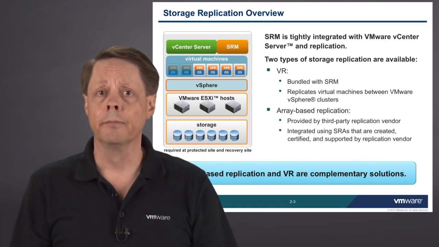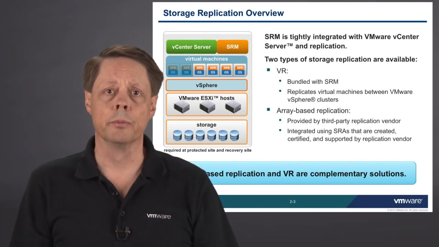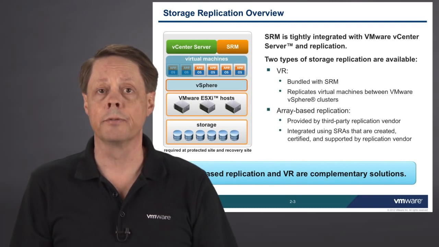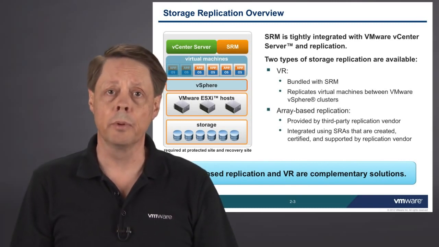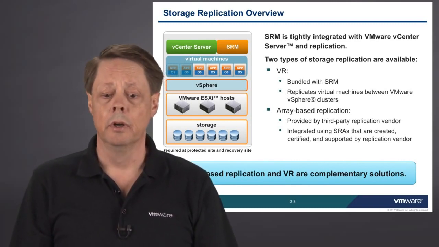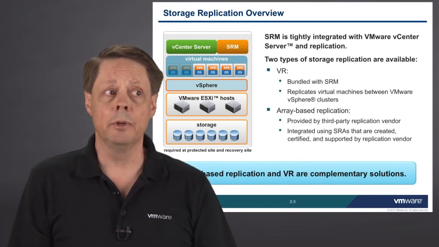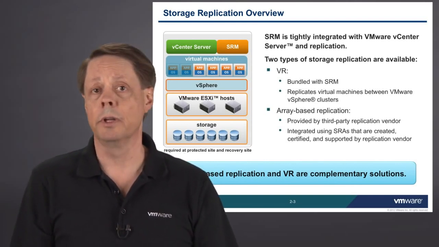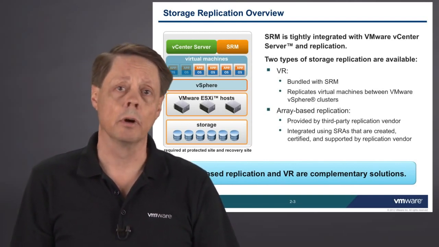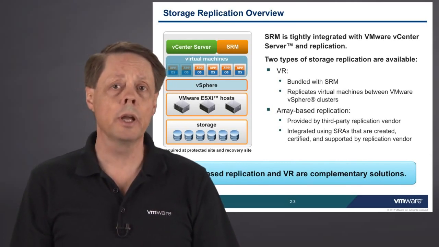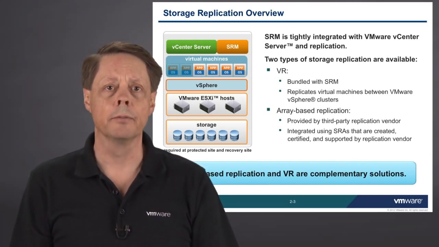Then you can backfill some of the less important virtual machines that you would otherwise never have had the funding to implement array-based replication for, or you're just taking advantage of some very cool technology to make it work. So you can deploy both of them together and make them work with SRM 5.